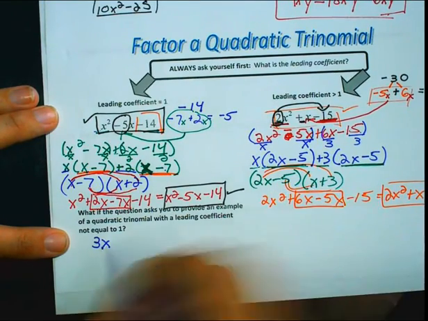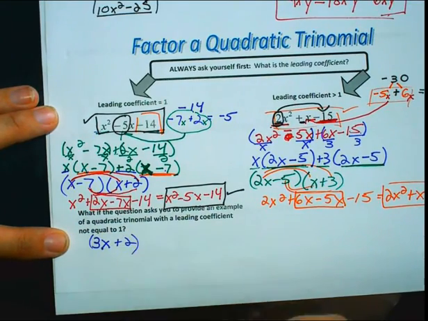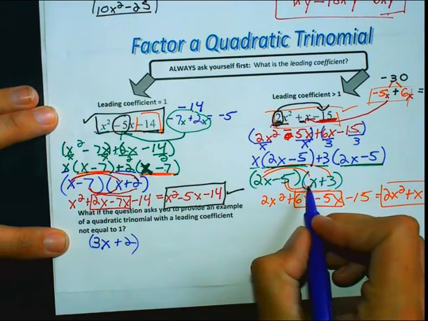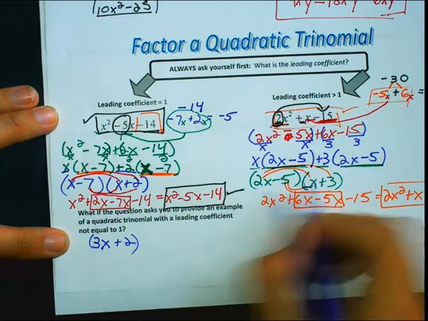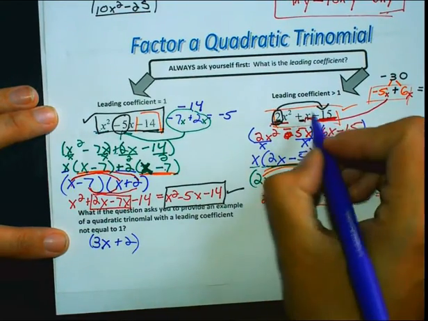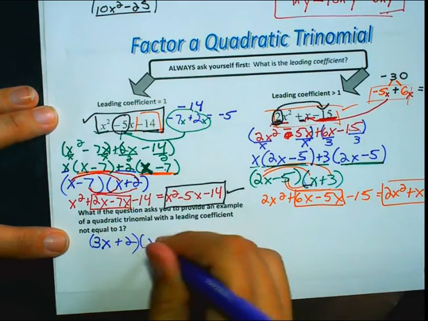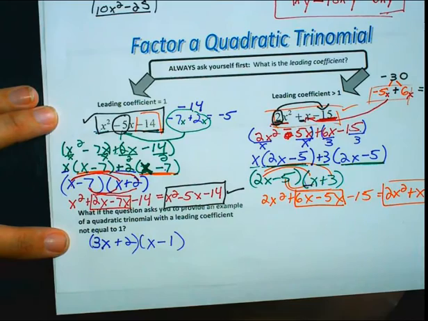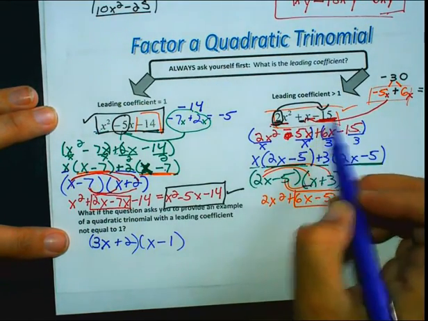So let's say 3x plus 2. And then notice that I need another binomial. I don't want anything in front of the x here, because I'm going to mimic this type of problem, since I know my end result needs to be this trinomial. So let's say I have x minus 1. Okay, so I have my 2 binomials, but again it wants the quadratic trinomial, so I need 3 terms.